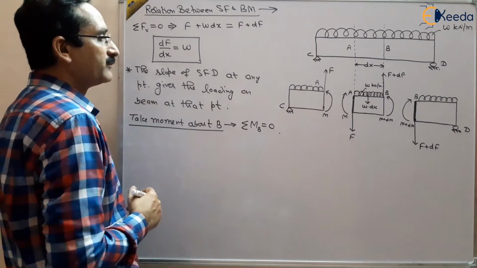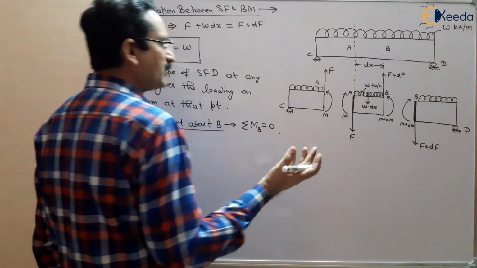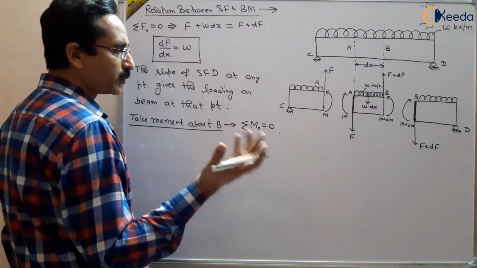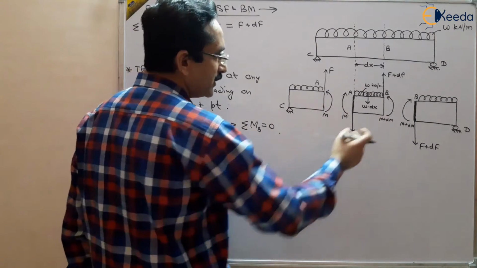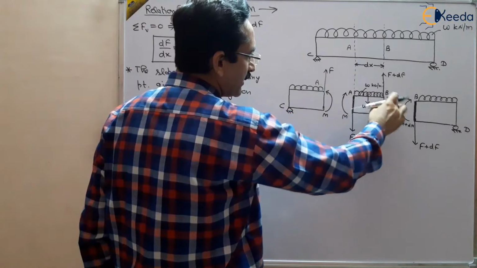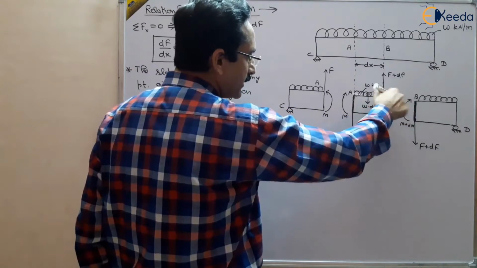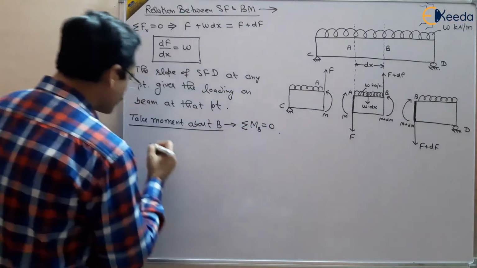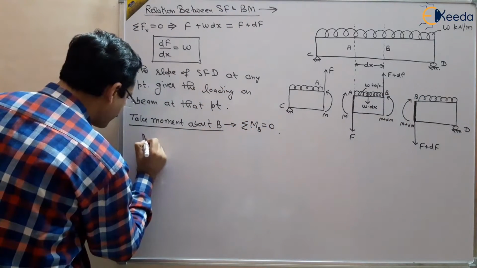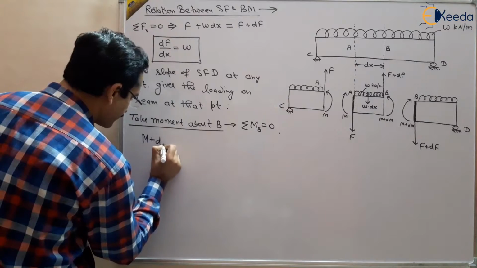So take anti-clockwise as positive for the sign convention. M plus dM is anti-clockwise at B, so take it as positive. So there is a moment M plus dM.